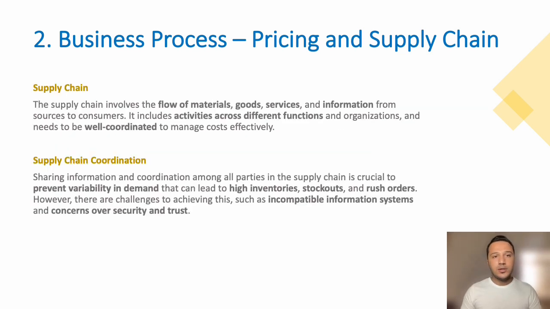So in the second section of the business process, pricing in supply chain, we already covered the pricing part. Now we will be discussing supply chain. What is supply chain? Supply chain is basically how the information, services, or product flow within the company through different channels.